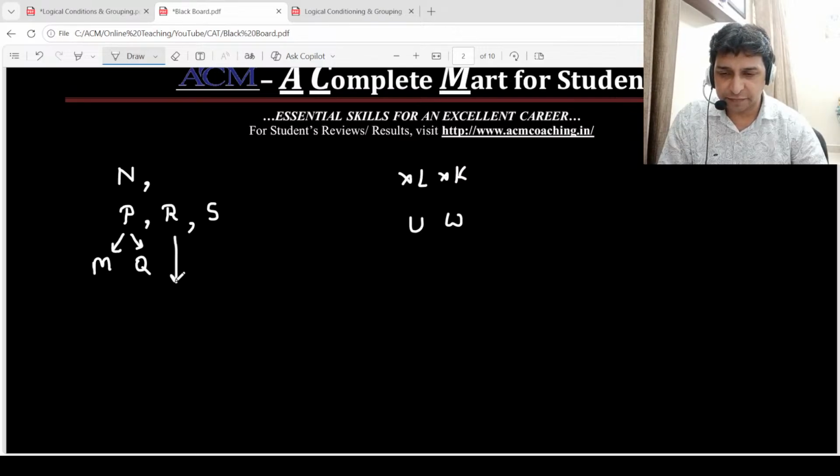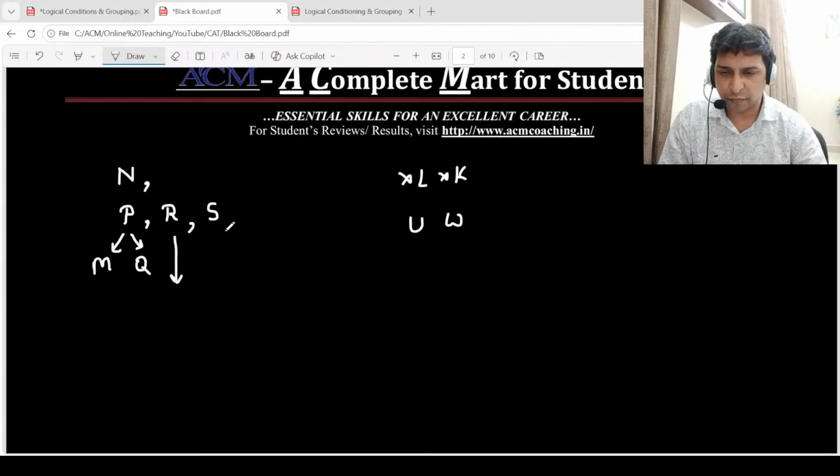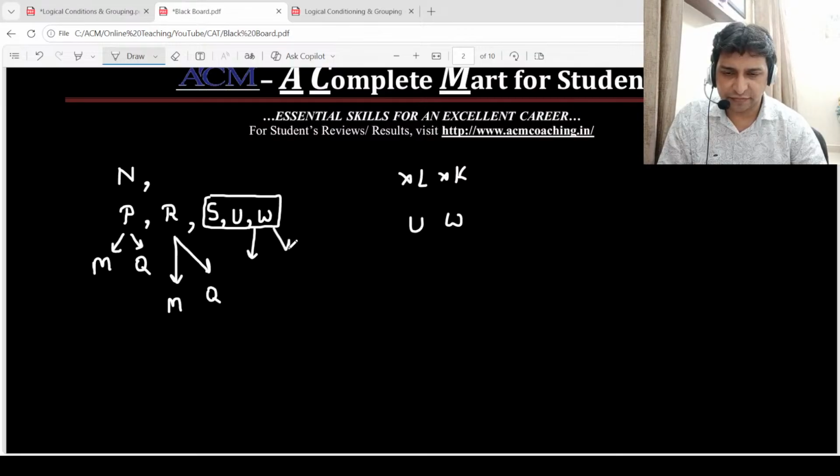The same way, with R also, we can have either M or Q. But if we take S, S will take U and W along. And then we have M and Q.